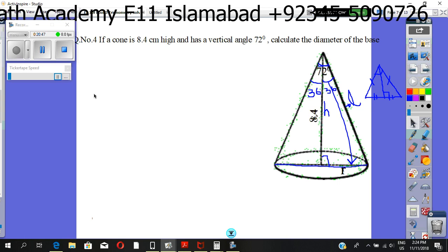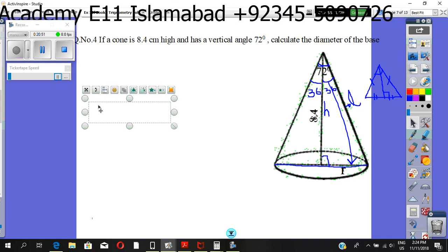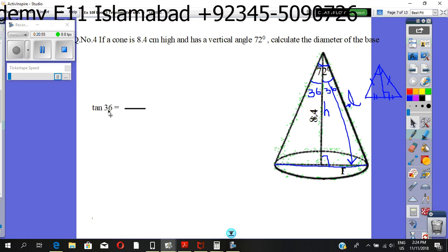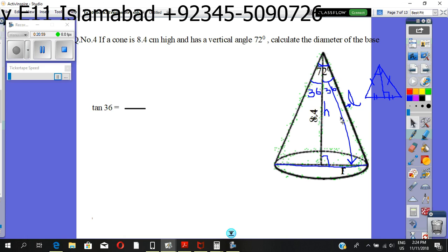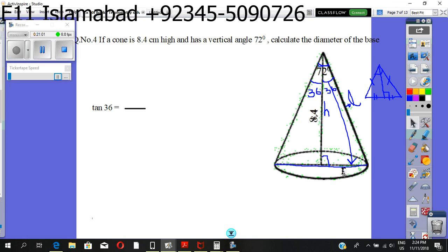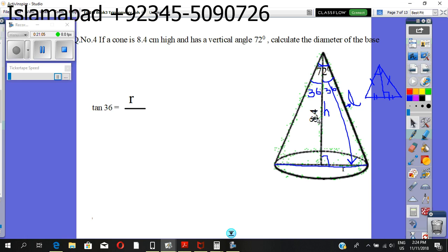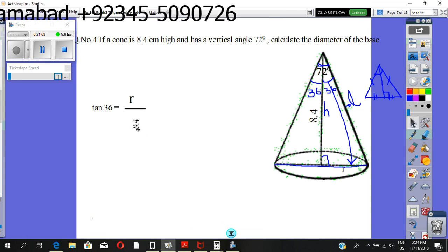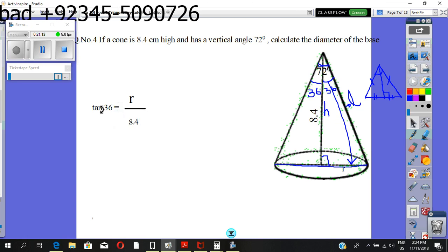Think about which ratio we're supposed to use here. Tan 36 gives us opposite over adjacent, and here adjacent is 8.4. I think so, rotate it. Now it's good.